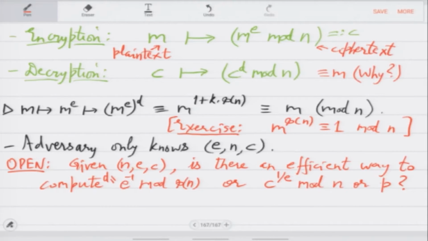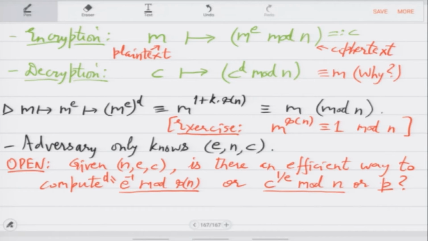Or p. Could any of these be computed by the adversary efficiently? So till now there is no known way. It's an open question. It's a very important open question.